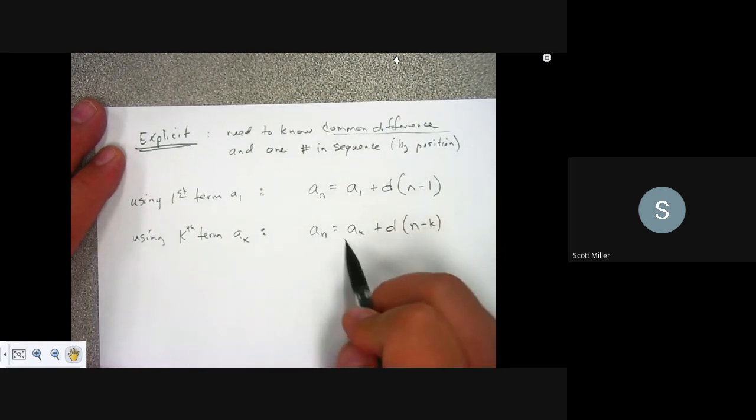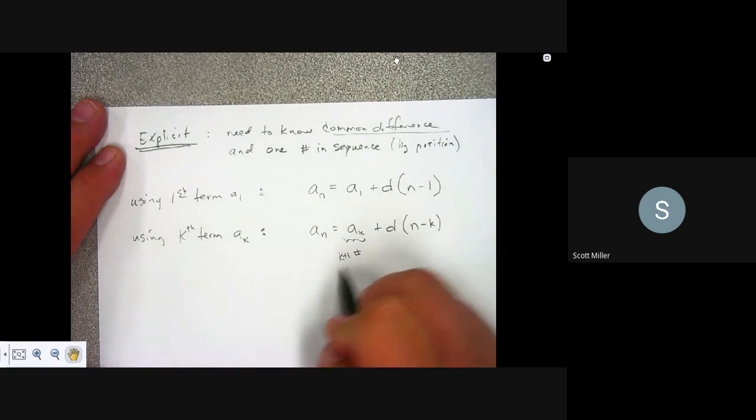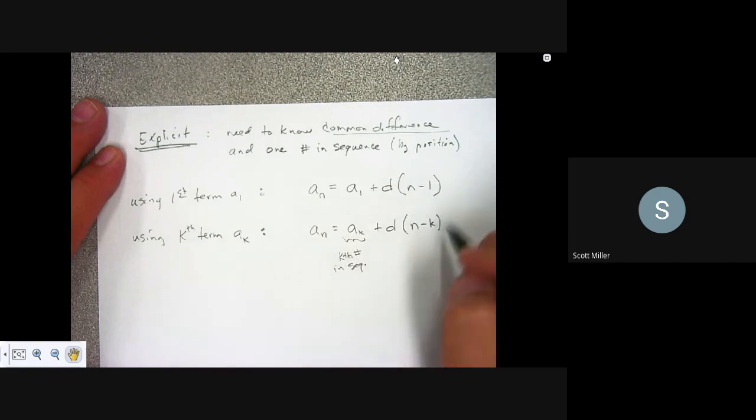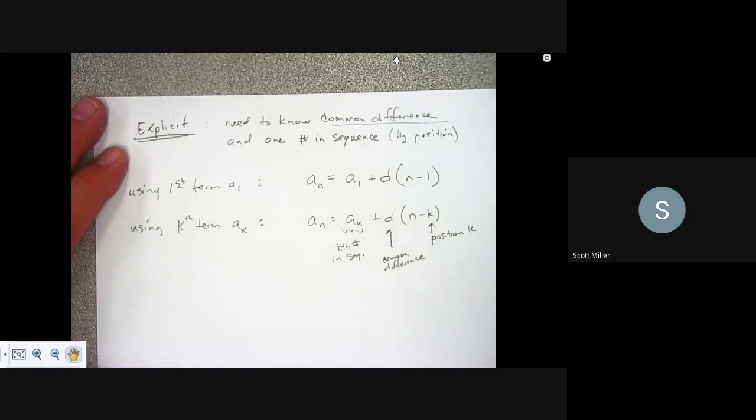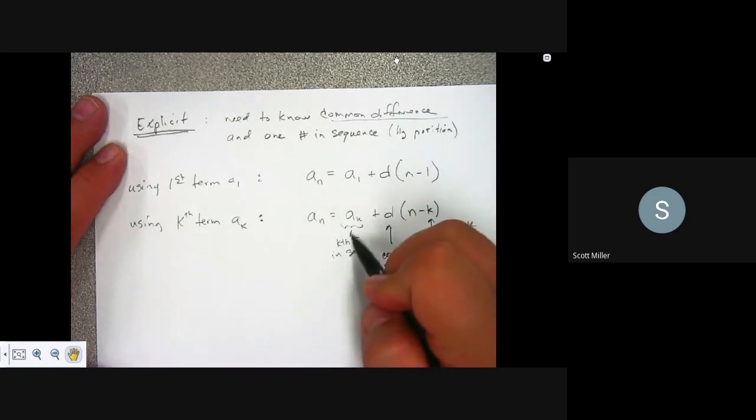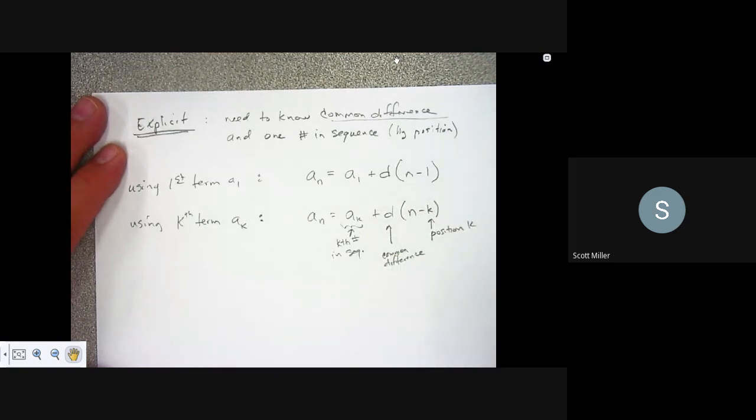So this number right here is the kth number in the sequence. This is position k. And this number is the common difference. That's what these things are. So this is the kth number in the sequence, and so forth.